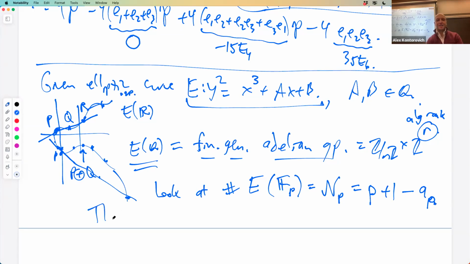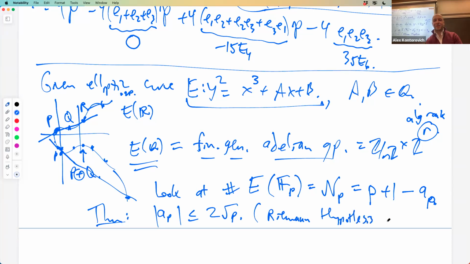And a theorem of Hasse, this is the Riemann hypothesis for elliptic curves, is that this A_P in absolute value is at most 2 root P. This is the Riemann hypothesis for elliptic curves, according to Weil's reinterpretation of the Riemann hypothesis in this setting.